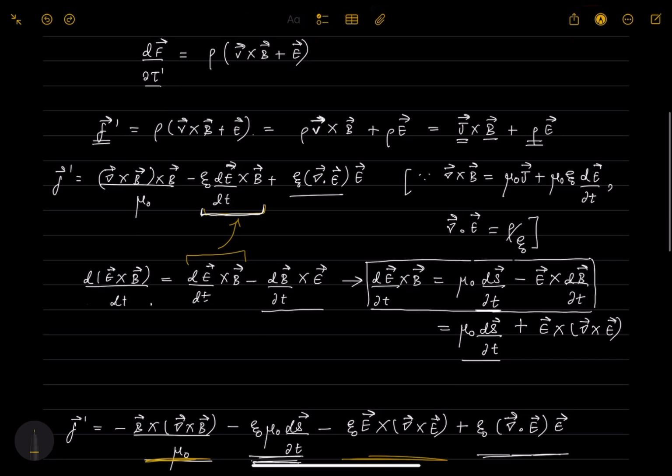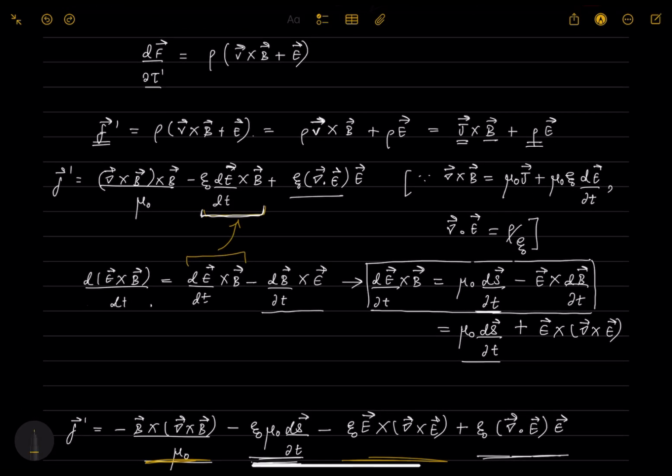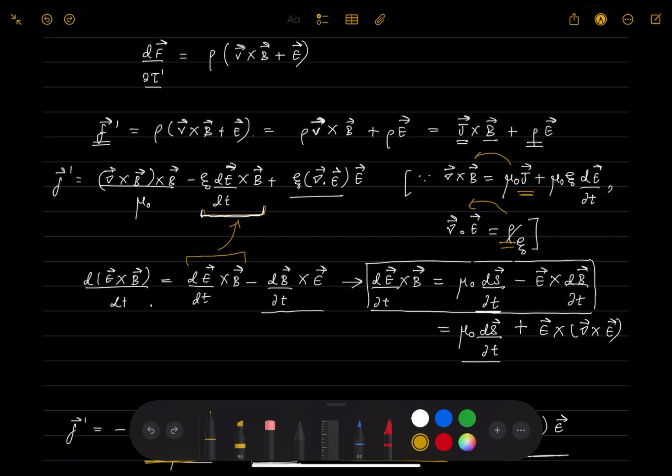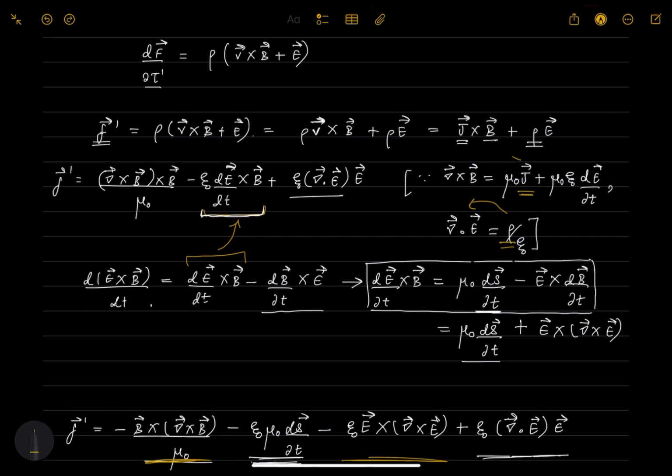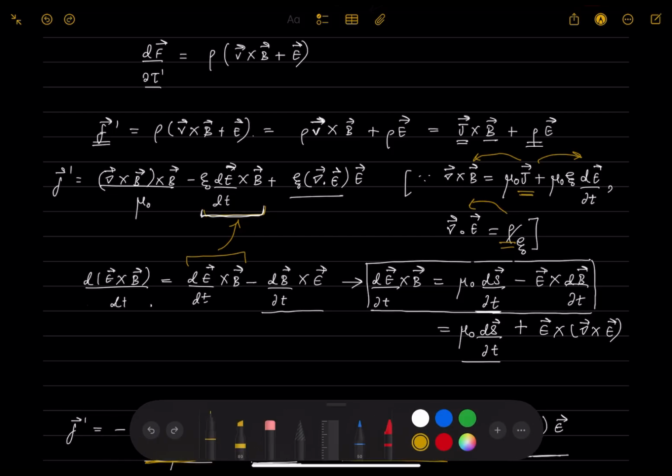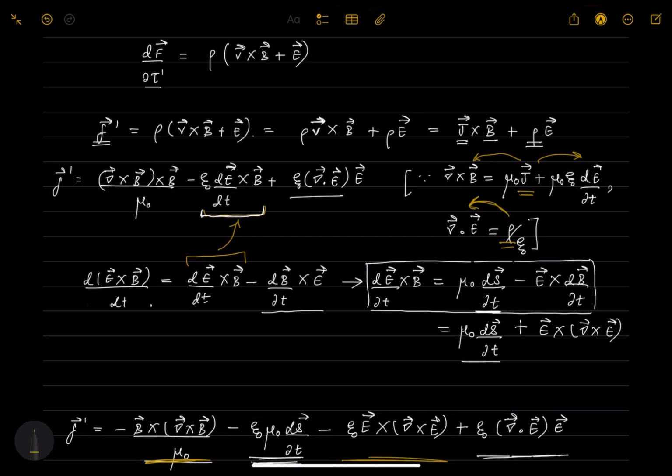So this was the force felt by the particles per unit volume existing in that electromagnetic field. And since the currents and the charge densities are in and of themselves related to the local fields, the current density is related to the local curl of the B field and the local time derivative of the E field. The rho itself, that is the local charge density, is related to the divergence of the E field at that point.